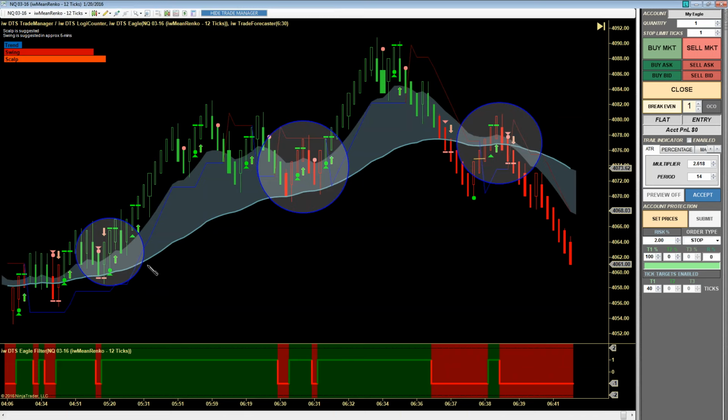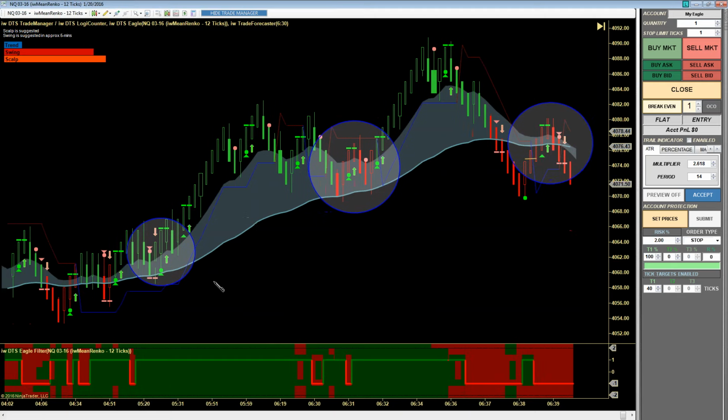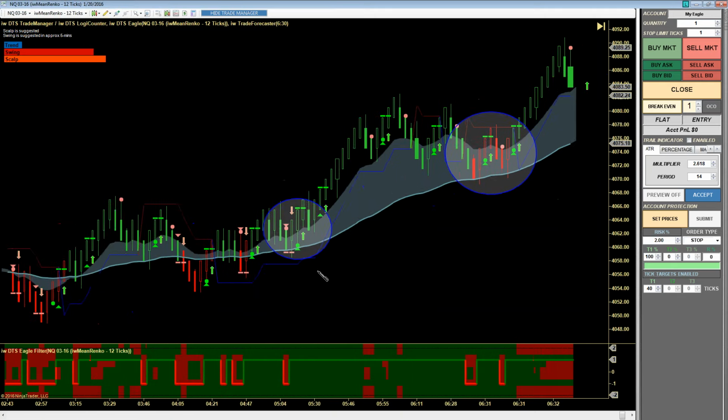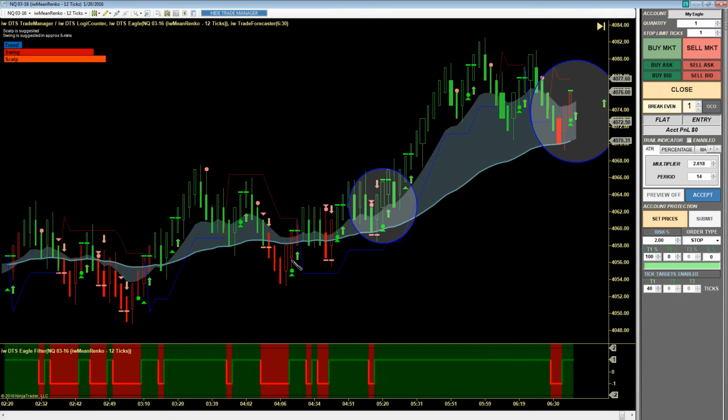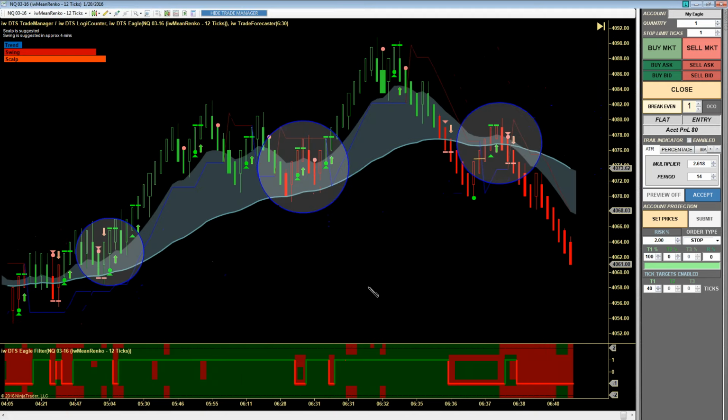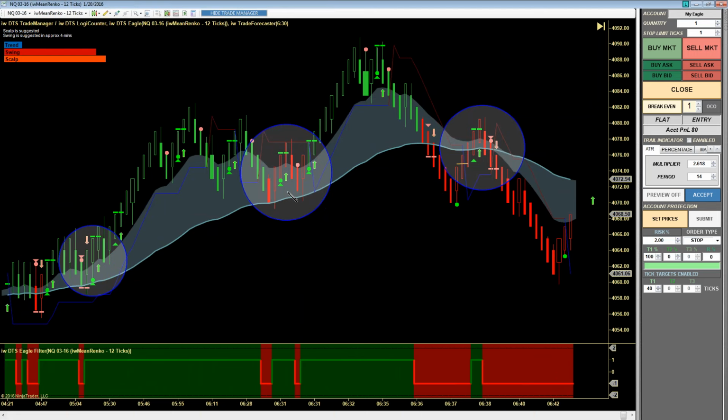Actually, that's not bad. These are our three basic signals on the Eagle. So the hard edge bounce, when you've already got an established trend, or when the trend just changes. That's actually the other one, the trend change signal. That's actually pretty close though. So the hard edge bounce, the red bar buy, and the rule of three counter trend signal.